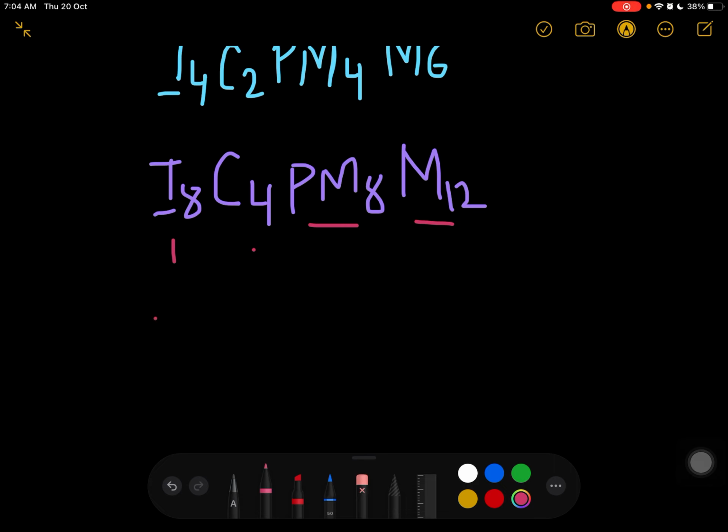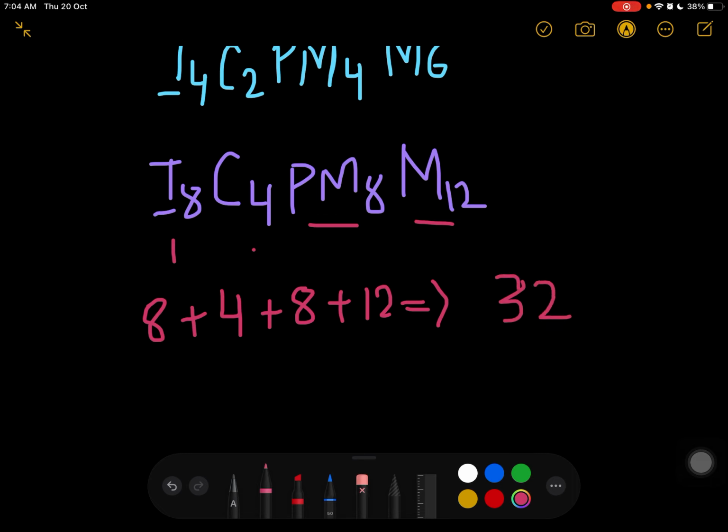So now let's add them. 8 plus 4 plus 8 plus 12. 8 plus 4 is equal to 12. 12 plus 8 is 20. 20 plus 12 is 32.